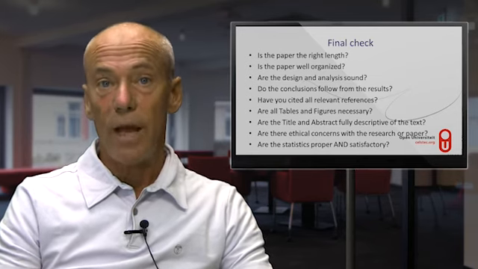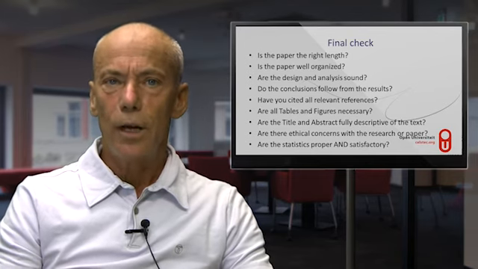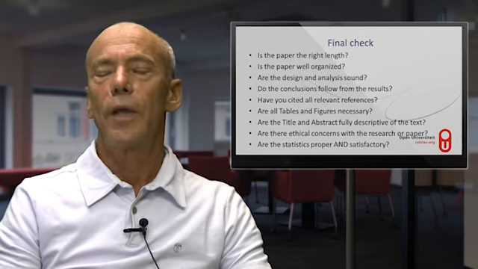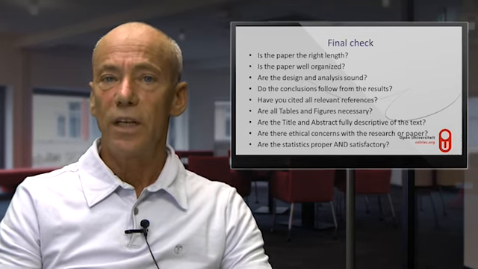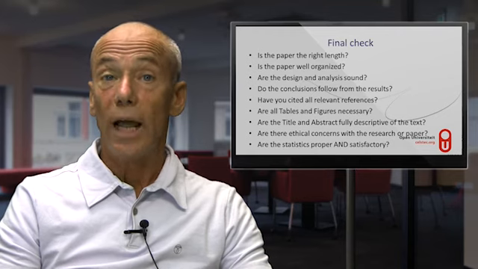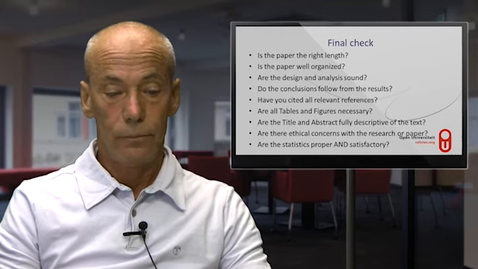Number one, it'll be sent back to you, but number two, the editor will probably think, why is this person sending it to me if they didn't even take the time to look at the requirements of my journal?